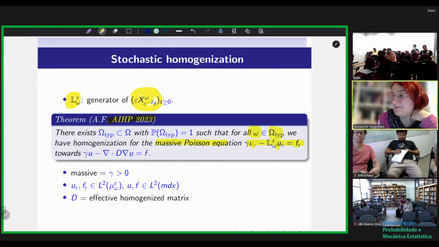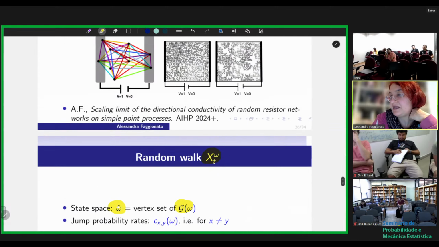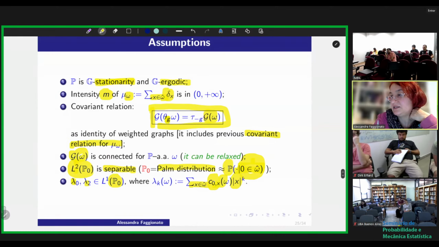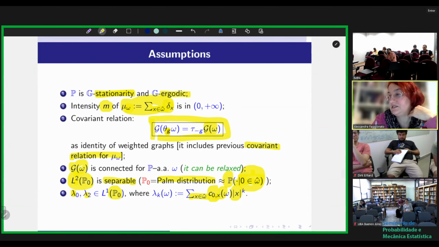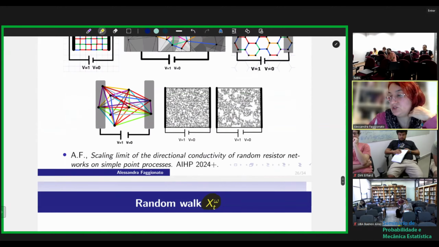So here, u epsilon and f epsilon are in the space L2 with respect to the rescaled measure, mu epsilon omega. Recall that I have associated to the vertex set this measure, a combination of Dirac measures on the vertices. So you rescale this measure.